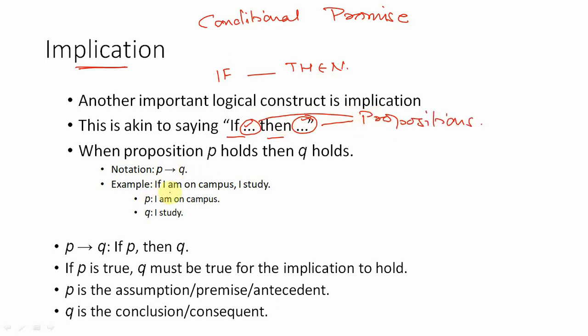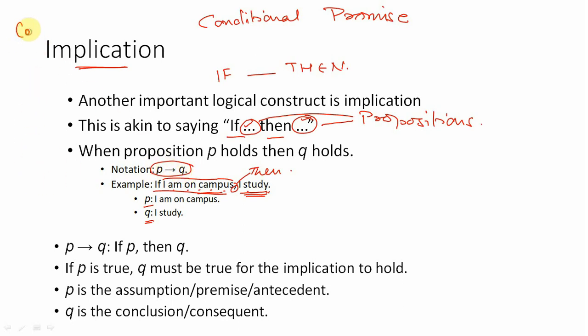For example, if I say, if I'm on campus, this comma is actually representing then. If I'm on campus, then I study. If this atomic proposition is represented by P and this atomic proposition is represented by Q, then this compound proposition, if I am on campus, then I study, is represented by P implies Q. This symbol is called the implication symbol.